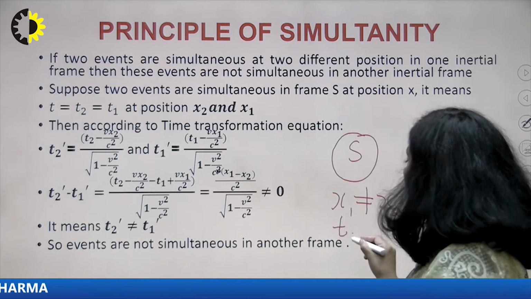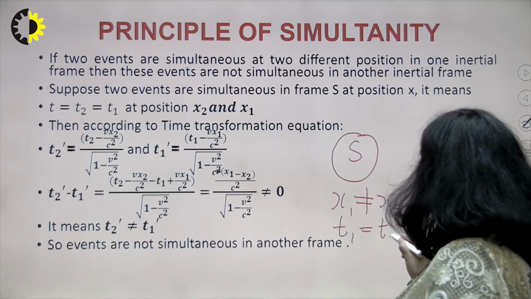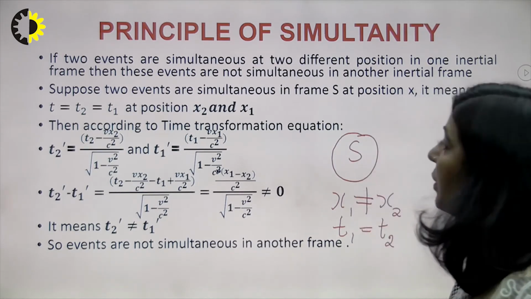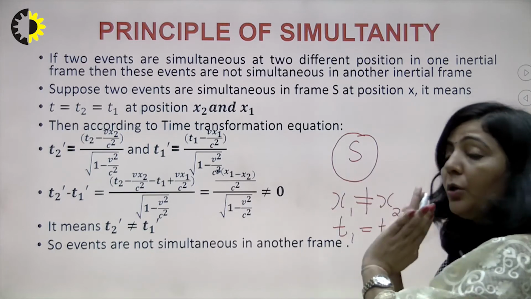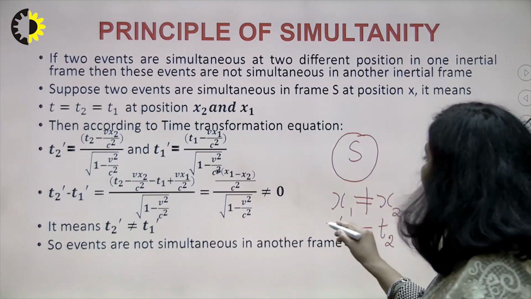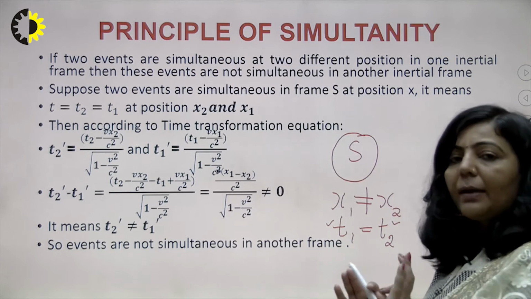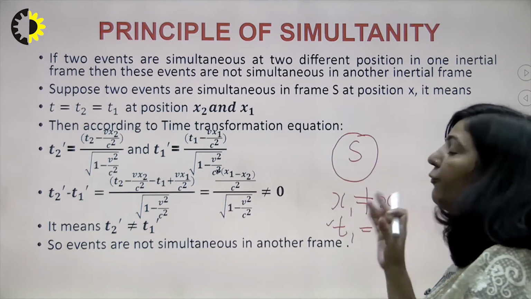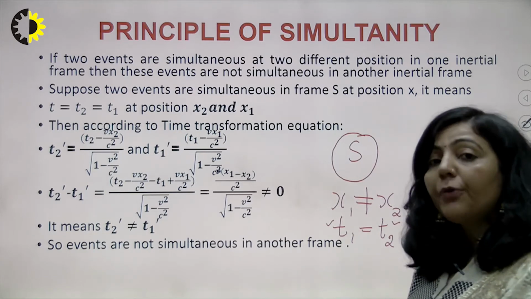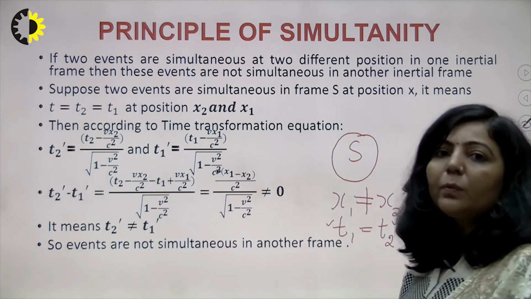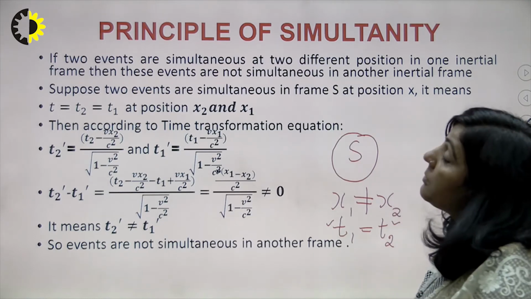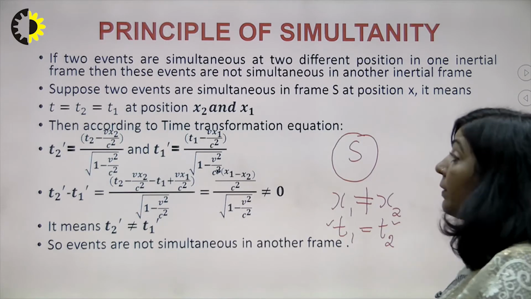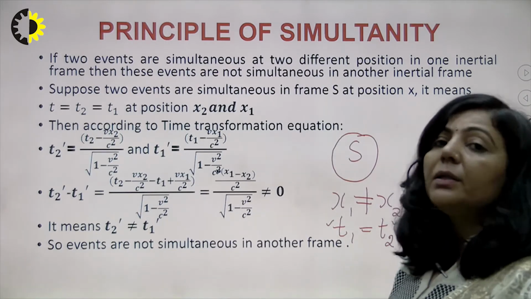So if in frame S these events are simultaneous, then you can say T1 is equal to T2. Simultaneous means they are occurring at the same time. So if these two events are simultaneous at two different positions, x1 not equal to x2, then according to the principle of simultaneity, these two events are not simultaneous in the other inertial frame.